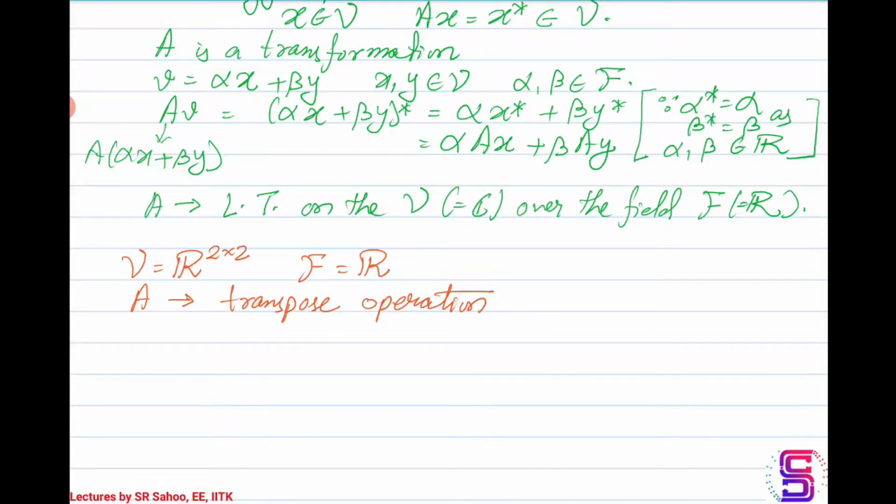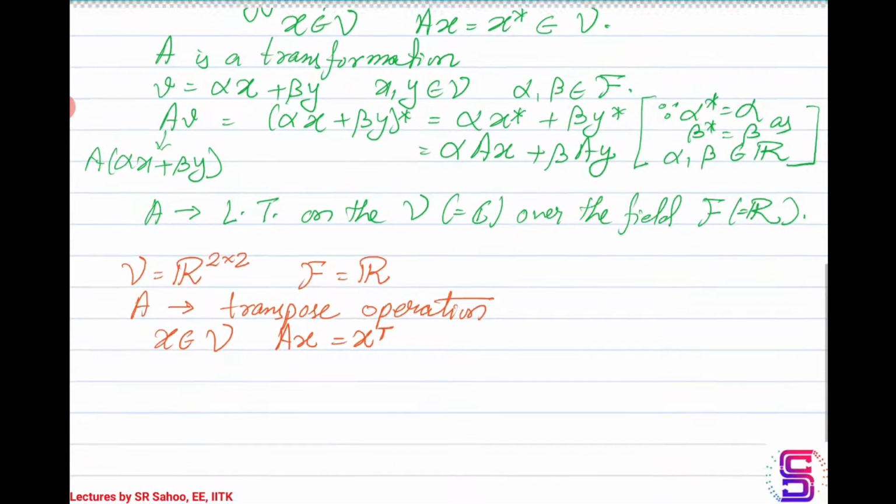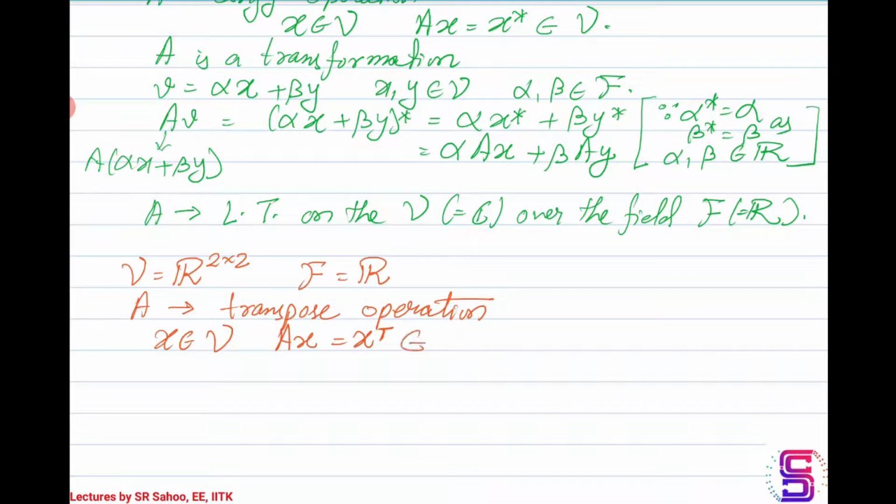Okay, so for x belonging to the vector space, Ax is essentially x transpose, and x transpose is also a 2 cross 2 real matrix, so this belongs to this vector space itself. So A is a transformation on the vector space.